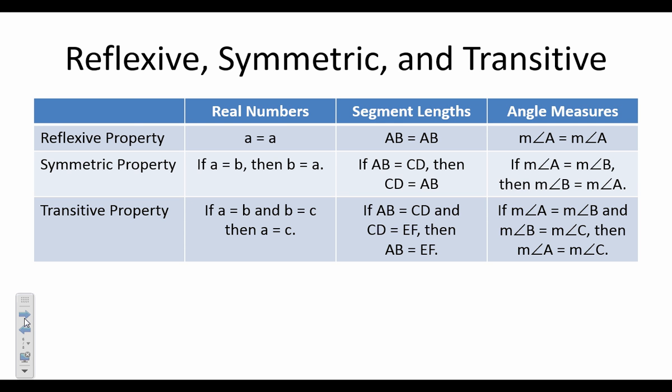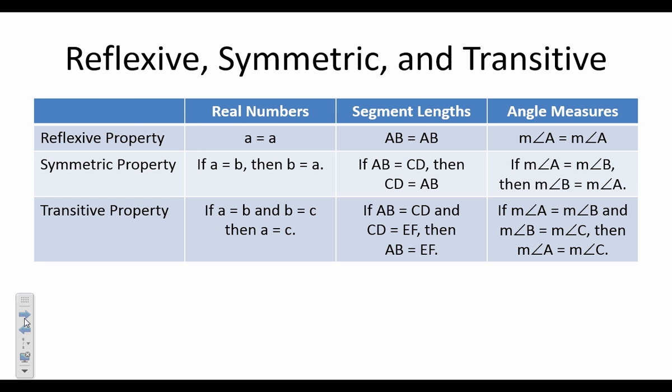The last property is transitive. And transitive says that if A equals B and B equals C, then A has to be equal to C. That's the real number side of things.